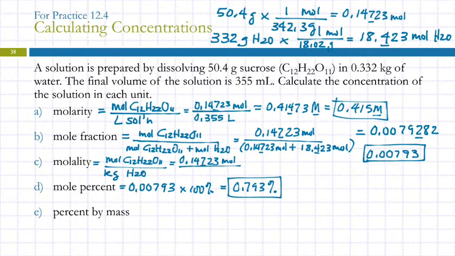And kilograms of water is 0.332 kilograms. 0.14723 divided by 0.332 is 0.044346. 0.0443, and that is lowercase italicized m.